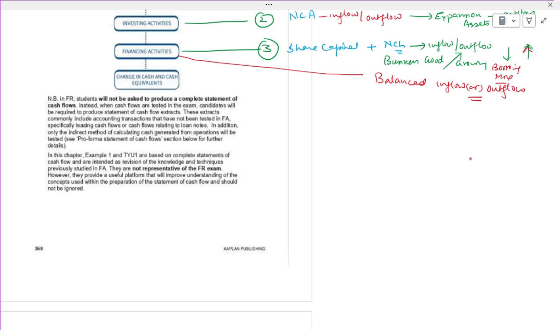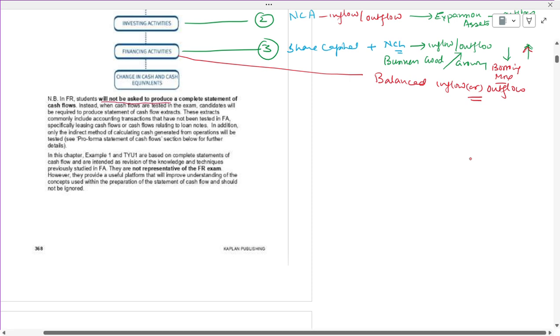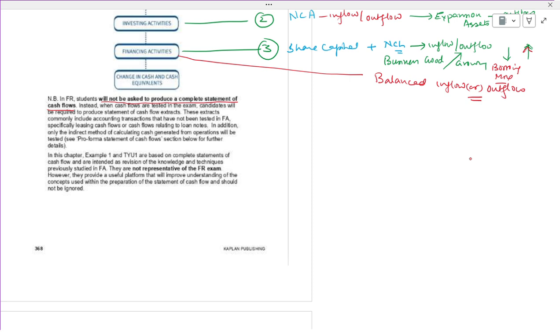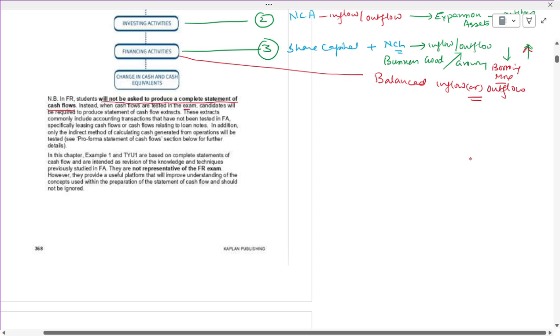Yes. They have mentioned the first sentence: in FR, students will not be asked to produce a complete statement of cash flow. They will not ask. We will do the things completely, but in the examination they will not. Instead, when cash flows are tested in the exam, they will be required to produce a cash flow extract.